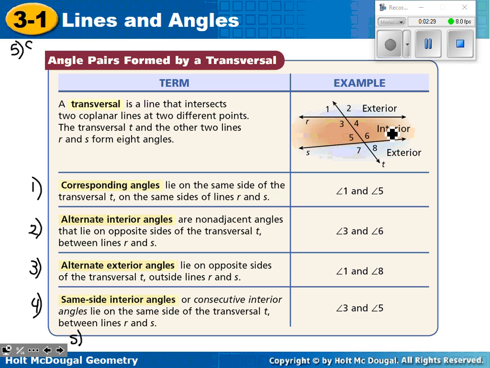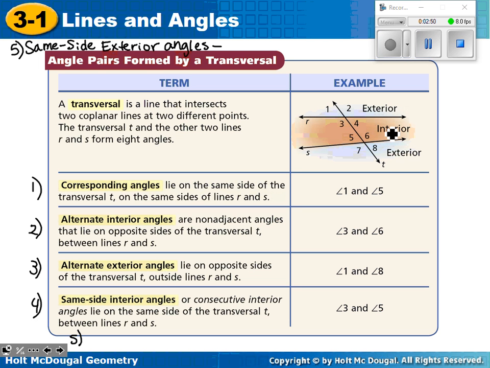So it is called same side exterior angles. So there are 5 kinds of angles that are formed.